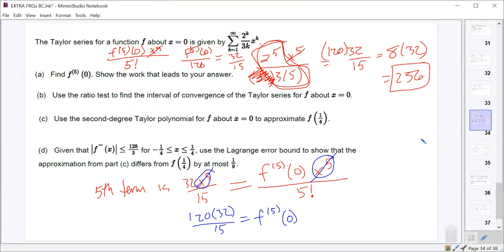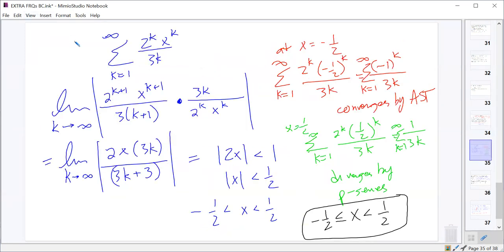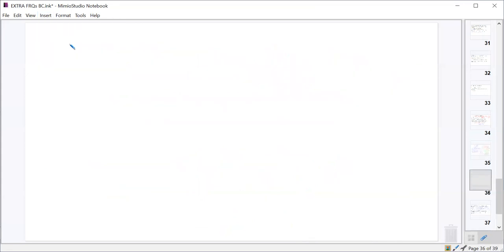Okay. Part C, use the second degree Taylor polynomial for f about x equals 0 to approximate f of 1/4. So our second degree Taylor polynomial, we need to write out those first 2 terms. The sum was from k equals 1 to infinity.